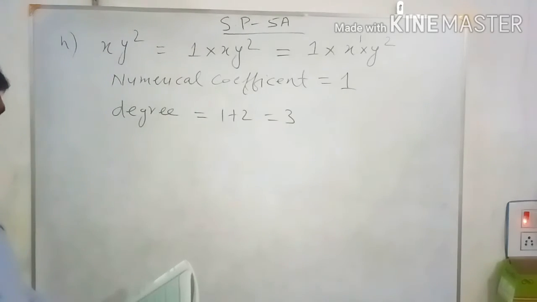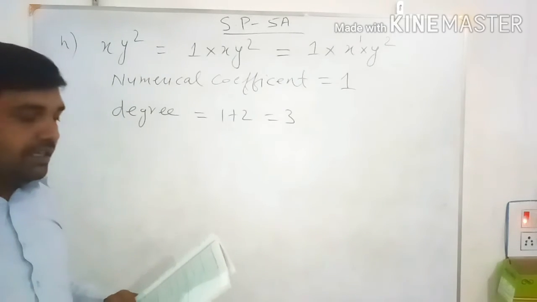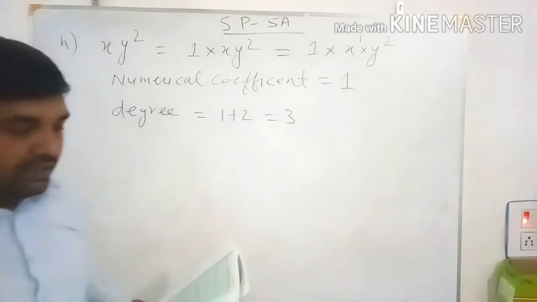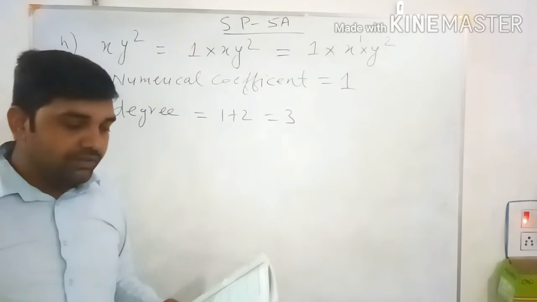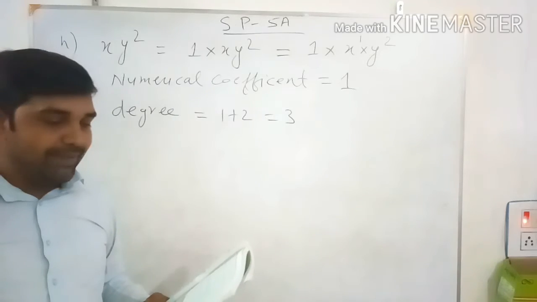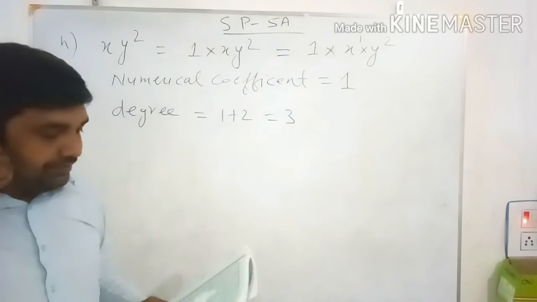Similarly, we can do question number I and question number J. In question I, the numerical coefficient is -7 and the degree of the monomial is 3. In J, the numerical coefficient is -25 and the degree is 3.